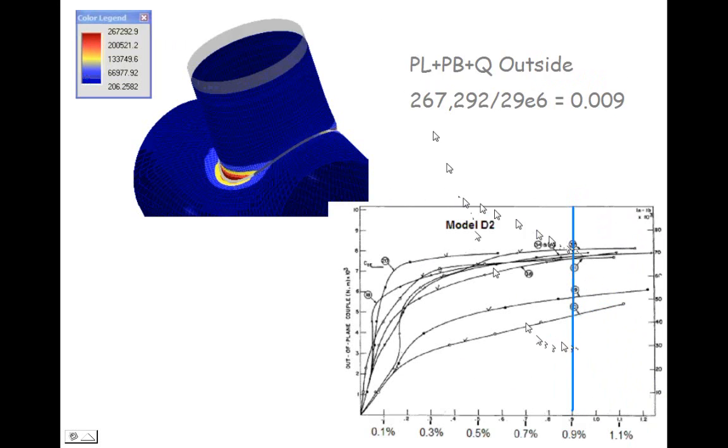What that says is that our real allowables, which are significantly smaller than this, really give us a pretty good safety for collapse due to external loads.